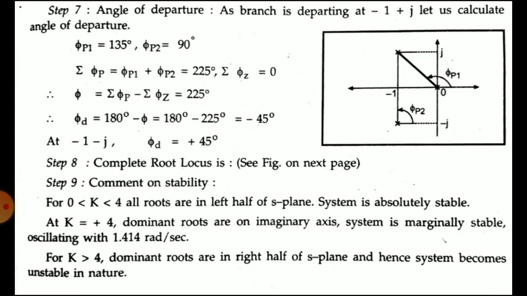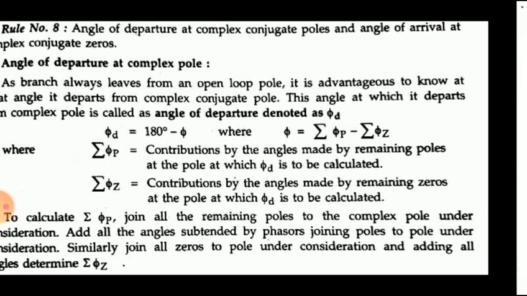Then summation of phi p equal to phi p1 plus phi p2, so that will be equal to 225, and summation phi z equal to 0, because no zeros are available. So phi equal to summation phi p minus summation phi z equal to 225. So you can find the angle of departure equal to minus 45 degree. So at minus 1 minus j, the angle of departure will be plus 45 degree. Now calculate the complete root locus and comment on stability.